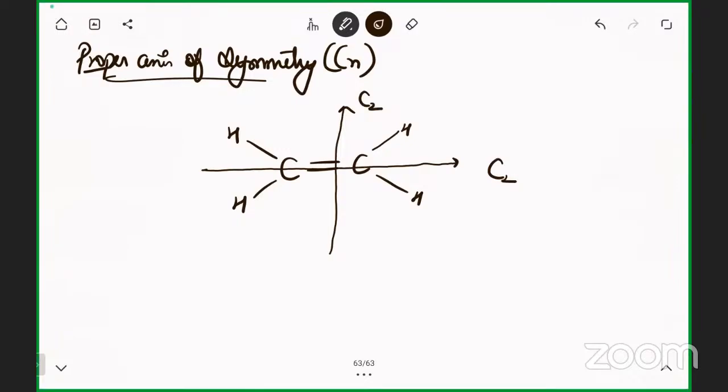C2 axis means that if I rotate from the horizontal plane, it will give the same compound. And if I rotate vertically, it will give the same compound. So by adding the plane, the same compound is formed. That type is called proper axis of symmetry. So here the proper axis of symmetry is the C2 axis.